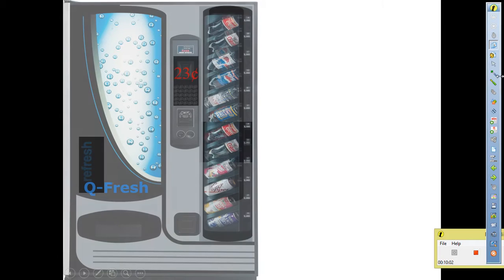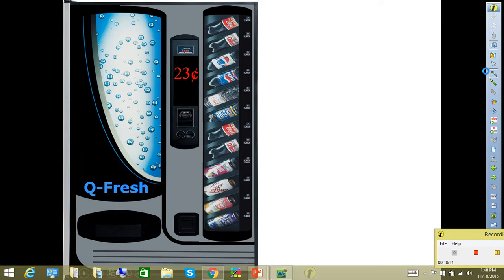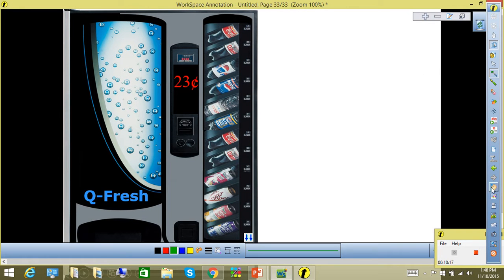There it is. That's right. Q fresh, and they're going to be worth 23 cents. Bam. So how much are they here? So guess who's going to be the vending machine working the most? That's right. So check this out.